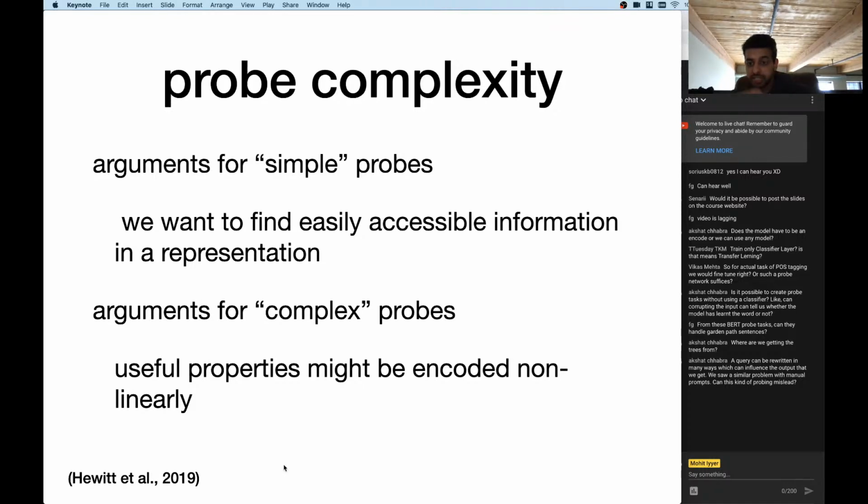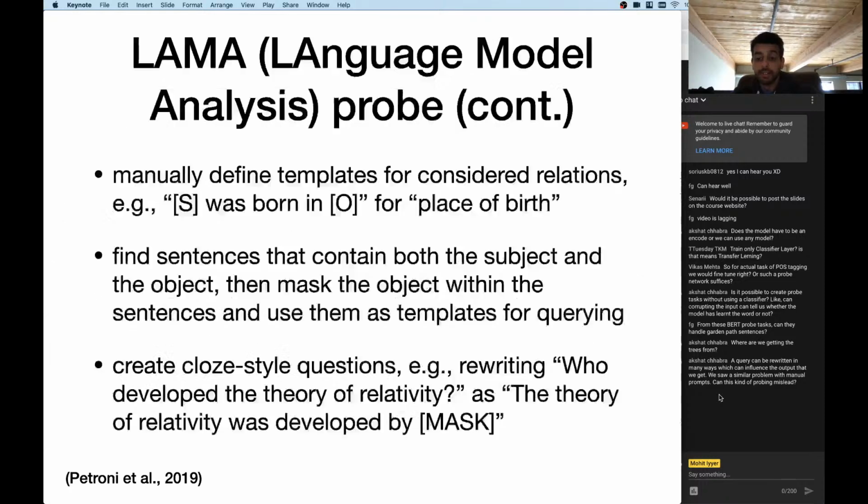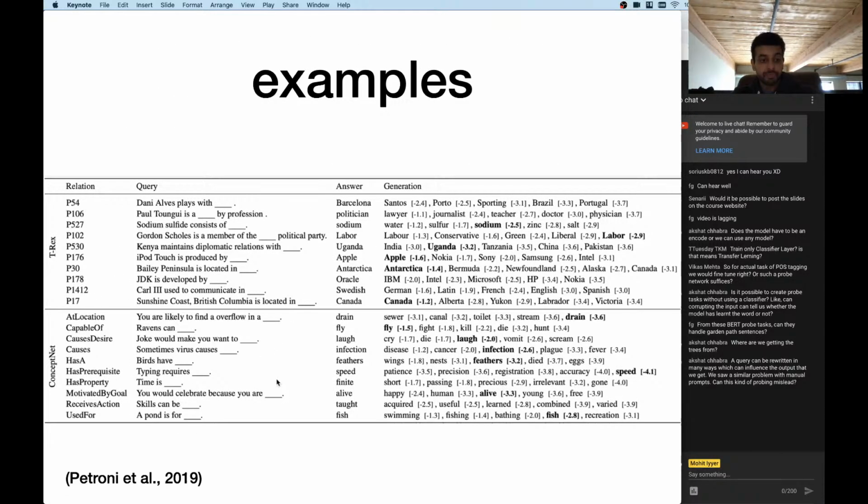Oh, I see a question in the chat. A query can be rewritten in many ways, which can influence the output that we get. Yes, that is very true. So if I wrote "JDK is developed by [blank]," and it got it wrong, but then I could also have rewritten this as "[blank] developed JDK," and maybe it gets it right there.